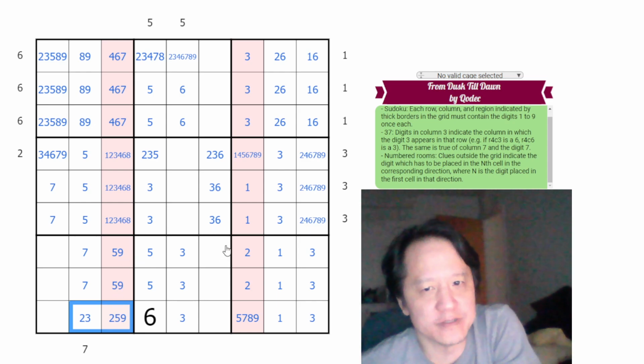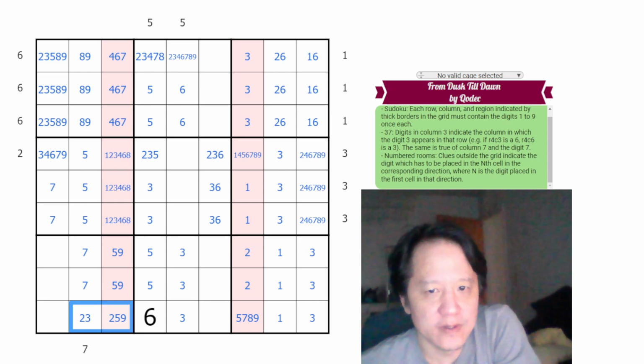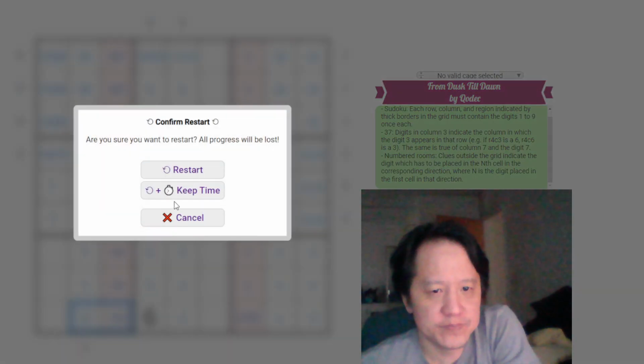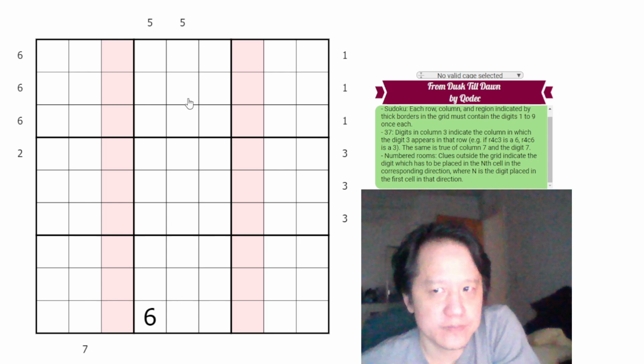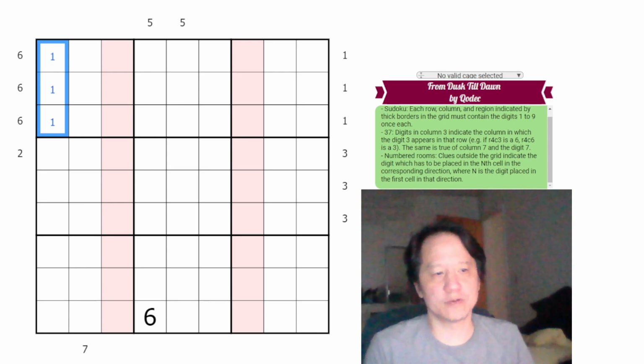Maybe I need a restart. Okay. Where can the 6 be in box 1? So far it can be 1, 2, or 3.